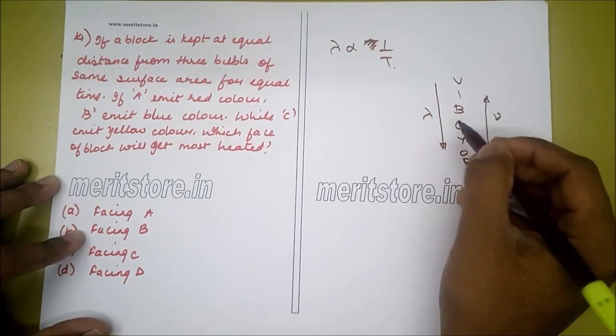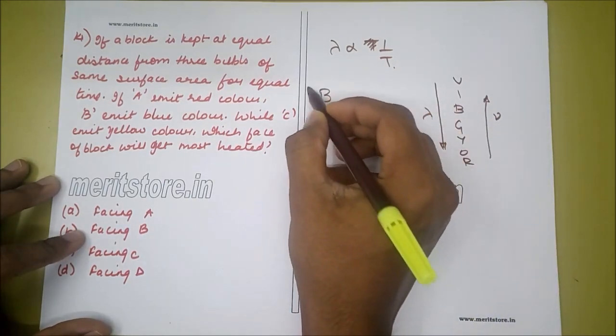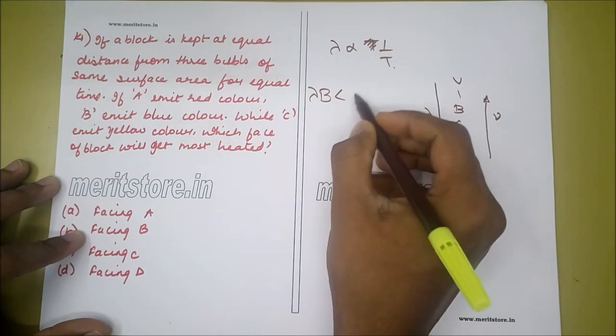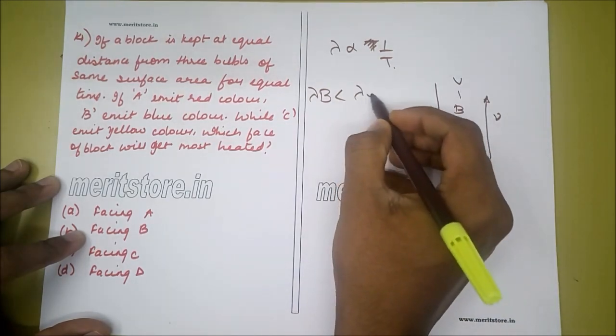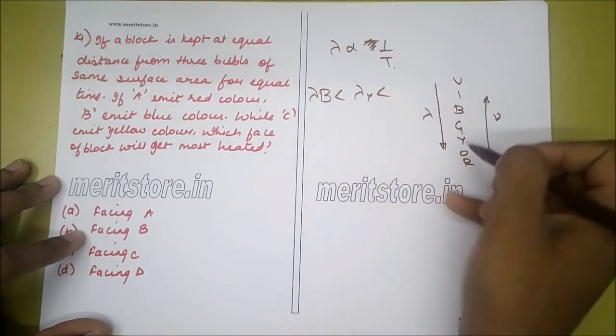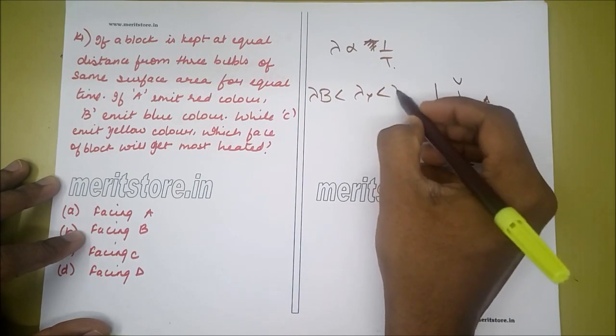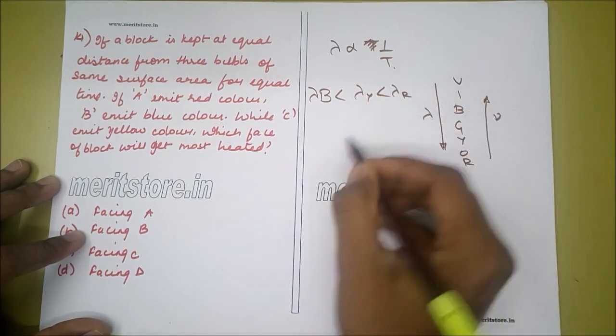So as we can see, blue has the shortest wavelength, after which comes yellow, and the longest wavelength is emitted by the red color.